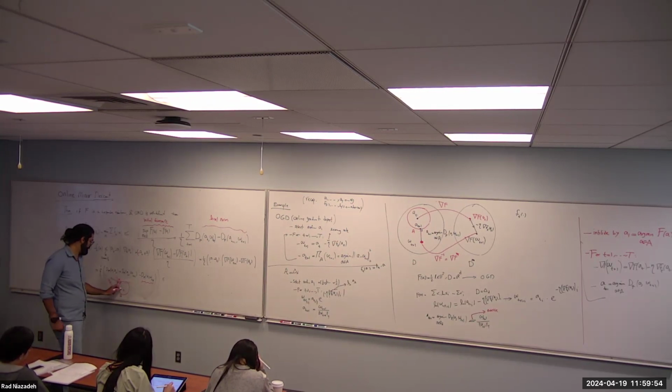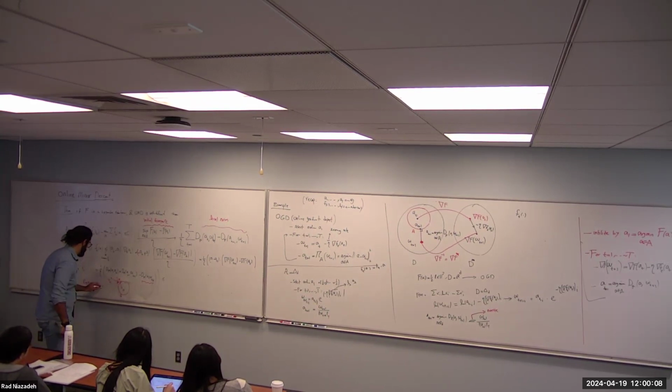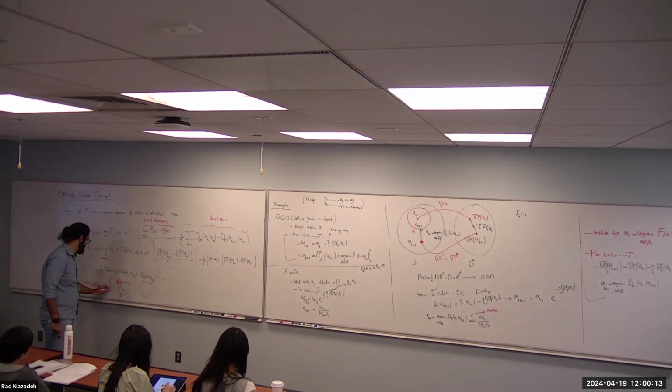Now my second useful lemma says D_f(a, w_{t+1}) is actually at least D_f(a, a_{t+1}) plus D_f(a_{t+1}, w_{t+1}).